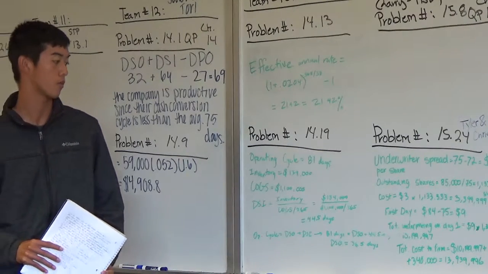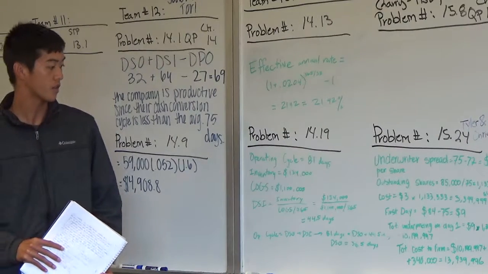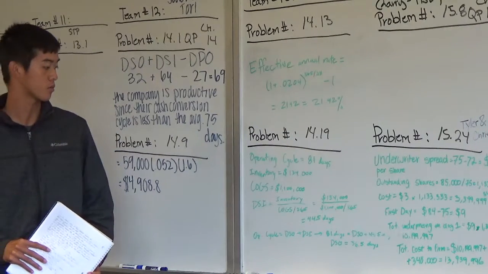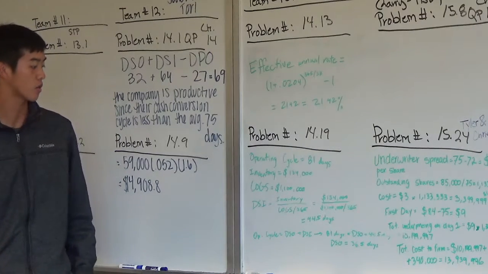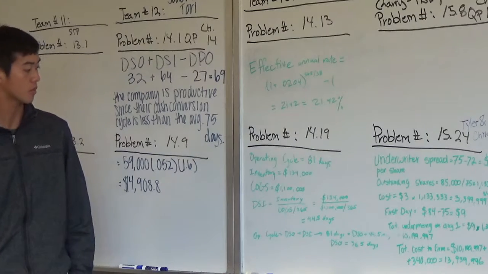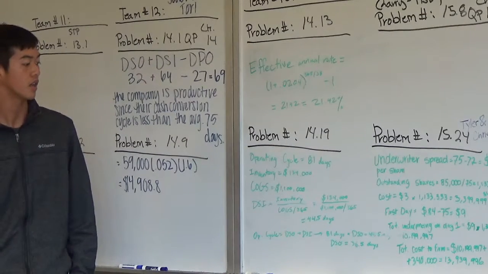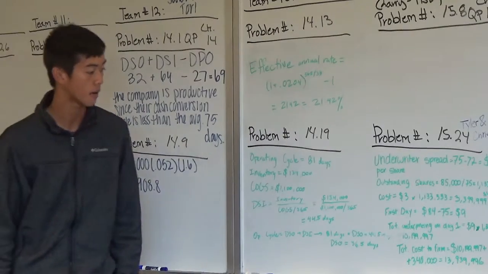That would give you about 44.5 days. And then to find the days sales outstanding, we subtract the DSI from the operating cycle, and that's 81 days minus 44.5, which gets us 36.5 days.